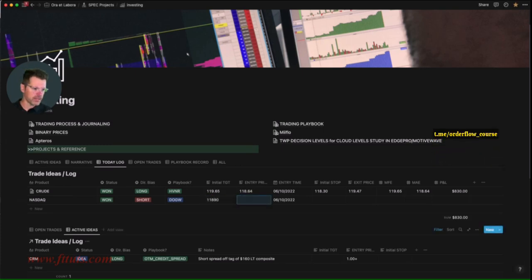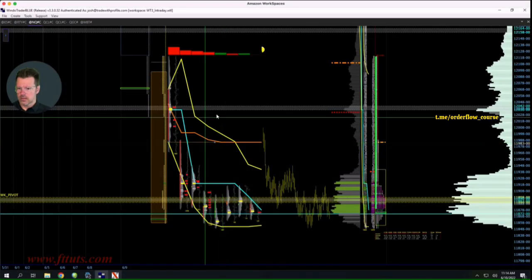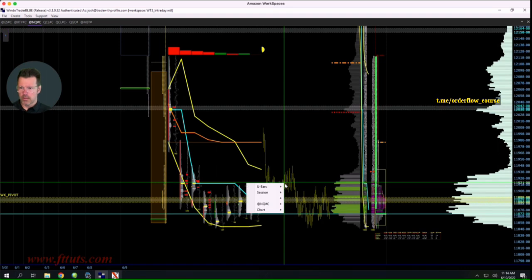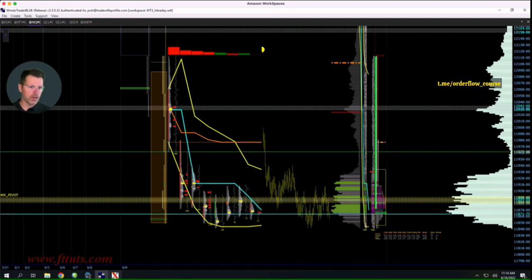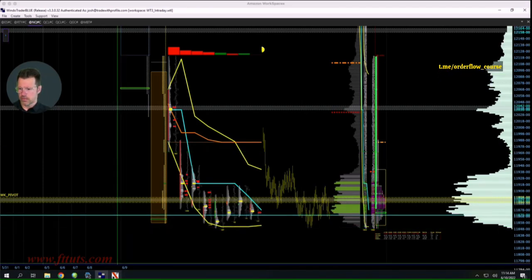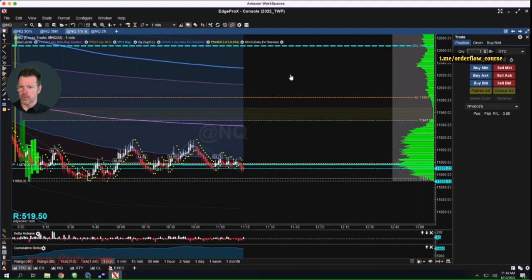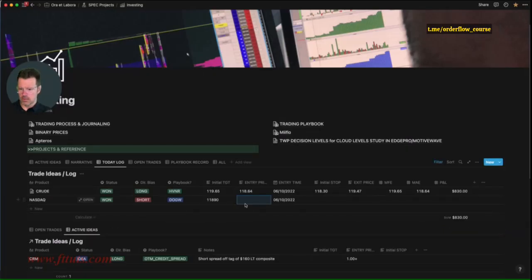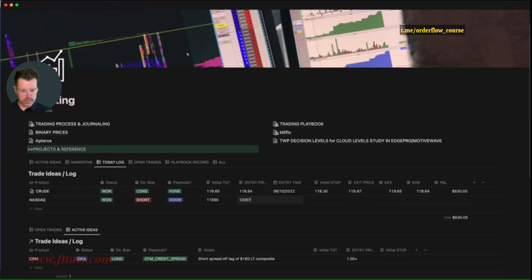Entry price. So that came in. Let me show more. That's on the break of the opening range low, which, let's find out what that price was. That was 12,067. So that's 12,067.